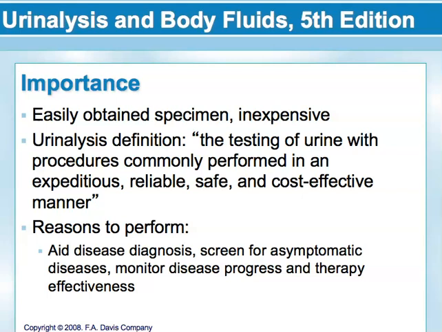So it can aid in diagnosis of disease. If a doctor thinks this condition is what's occurring in this patient, the urinalysis, along with other parameters, will help in the diagnosis of that disease, and can screen asymptomatic populations. A lot of times urinalysis can be used as a precursor or an early detector of certain diseases.